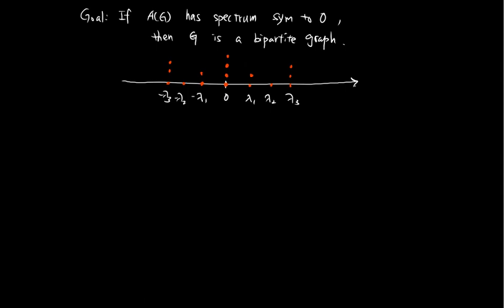So what is the characteristic polynomial of A? It can be written as minus x to a certain power, depending on the multiplicity of zero, and a product of lambda minus x and minus lambda minus x. And now you run through all the lambda which are greater than 0.